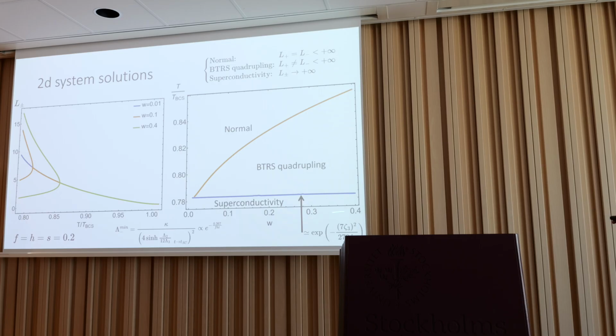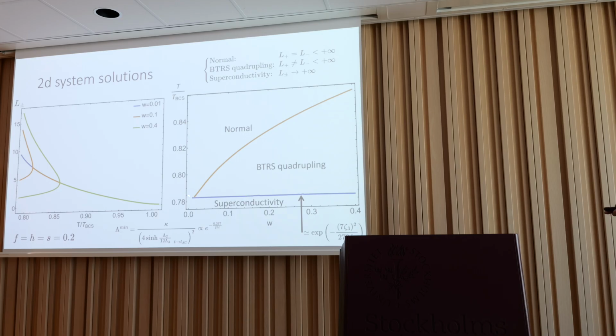One of the features of this 2D system, of course, there should be BKT physics and so on, but in this case, the fluctuations that they take into account basically change the critical temperature of superconductivity to some specific value, like 0.78 times T_BCS. So it somewhat lowers it, and it stays like that for roughly the whole range.